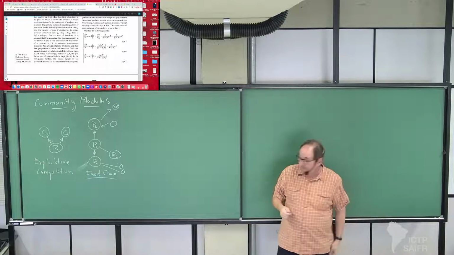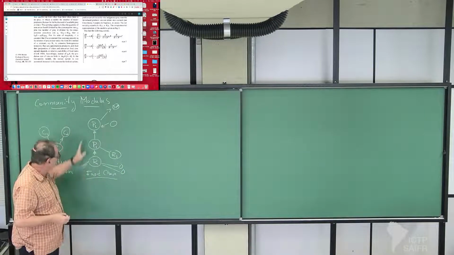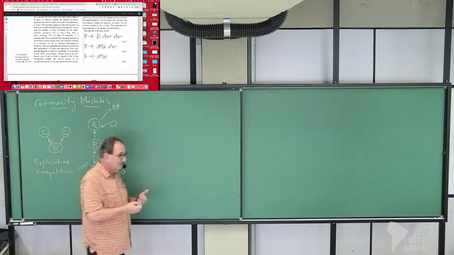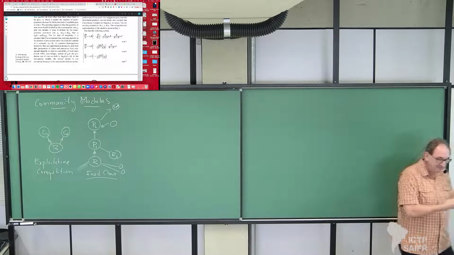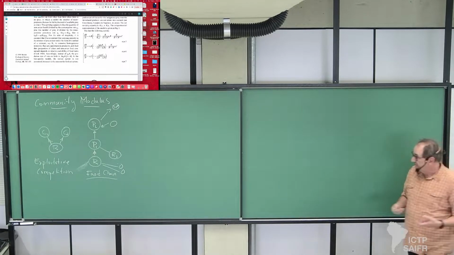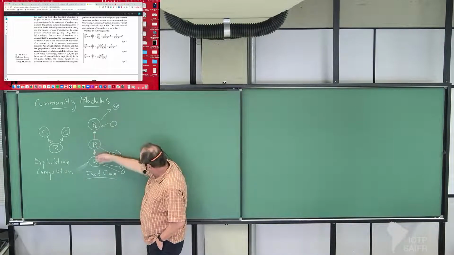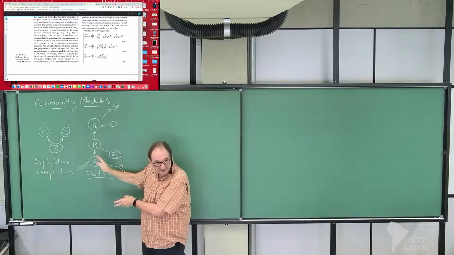But you can say, I want to focus on something like this here. Maybe I know by some accessory information that this is a very important part of the food web.